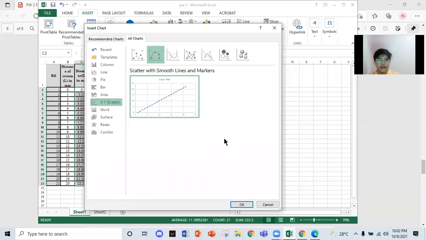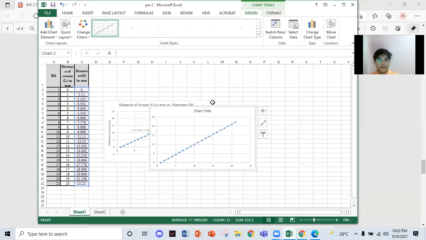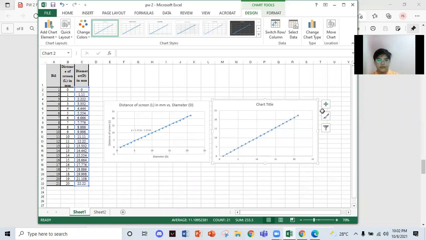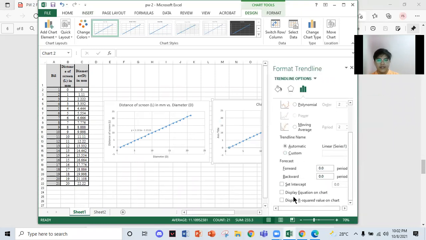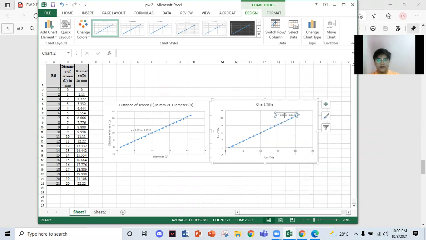We want a line graph. Okay, so this is the graph. The setting is as usual: we click scatter, and then we go to trendline, more options. We must click display equation on chart to display the gradient. This is the gradient.